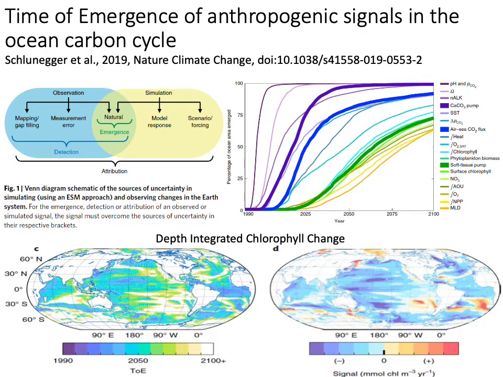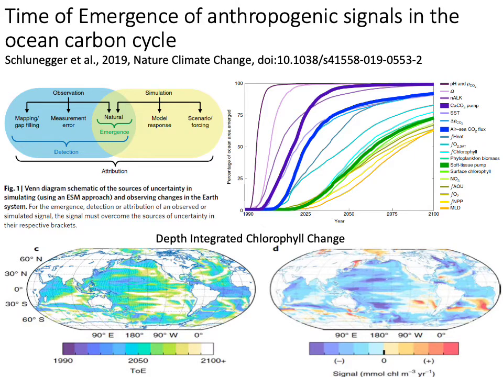Now, to make this point a little bit finer, the robustness of change in ocean biogeochemistry really is extremely property dependent. I'll point to this recent paper by Sarah Schlunegger et al., who explored the time of emergence of anthropogenic signals in the ocean carbon cycle.